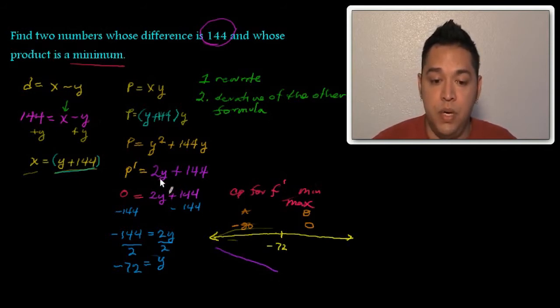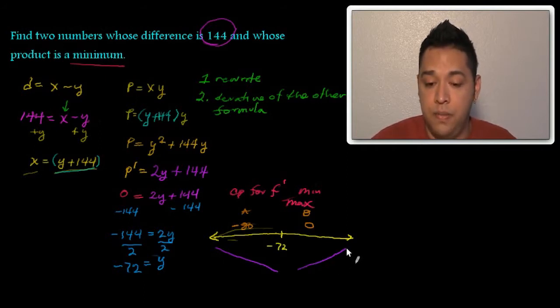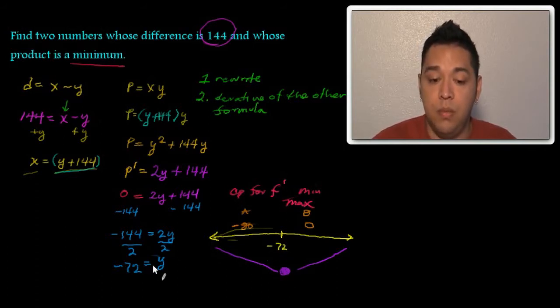If I plug in a 0 here, I'm going to get a positive 144. So I'm increasing here. When I change from a decreasing slope to an increasing slope, that indicates a minimum.